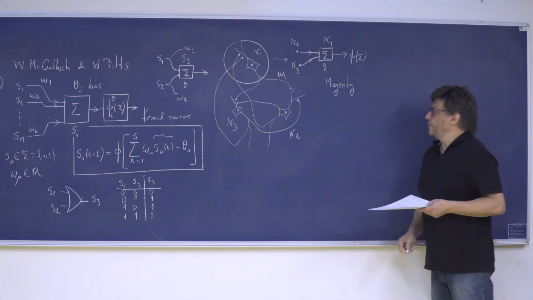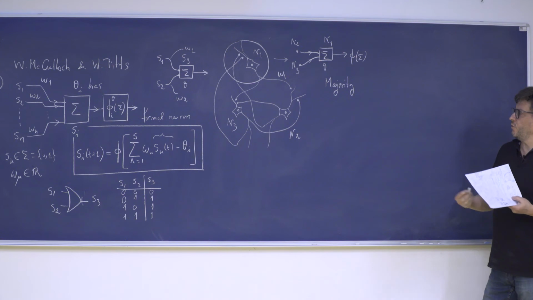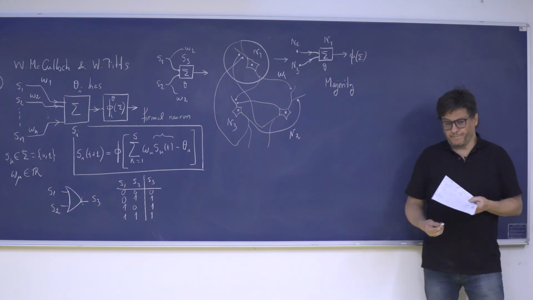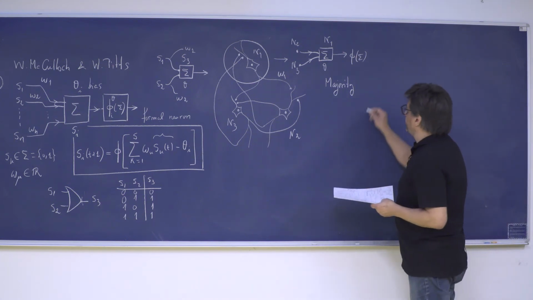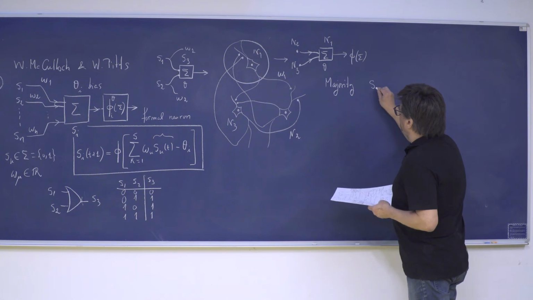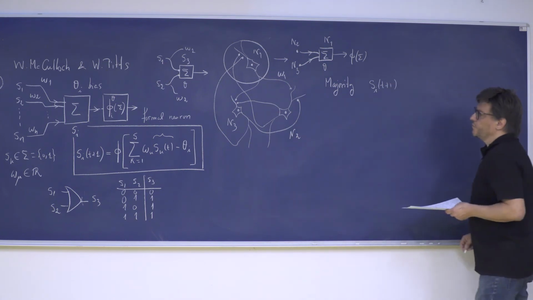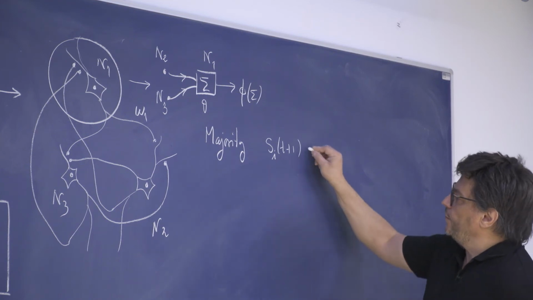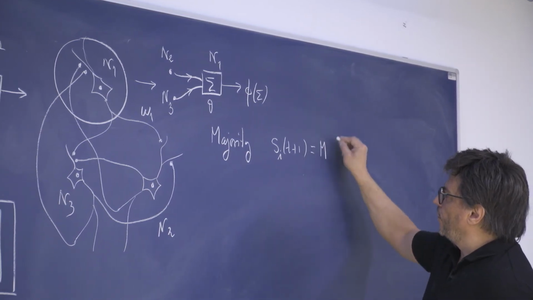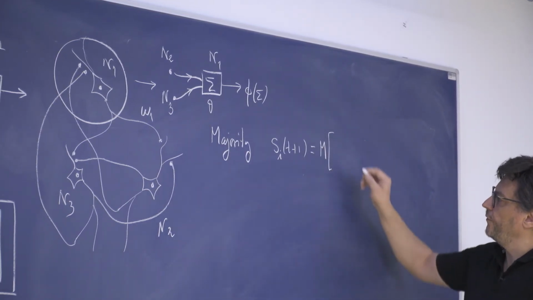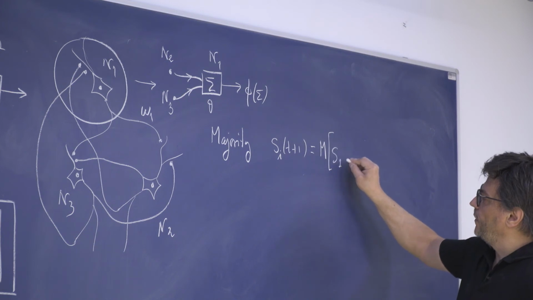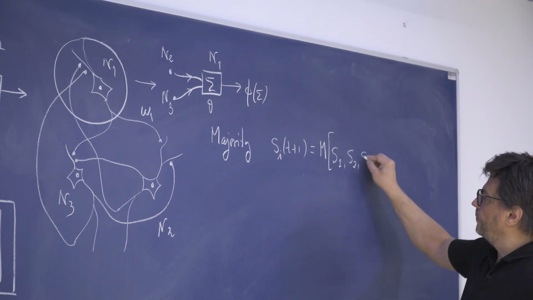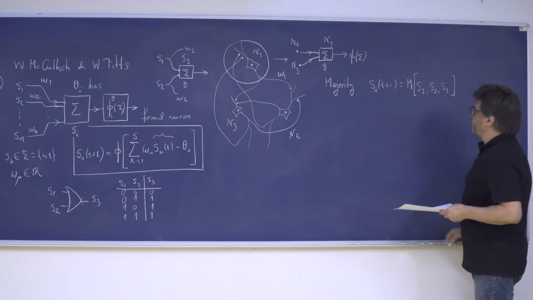The majority problem, sometimes called the majority rule, says that the dynamics of my system, in this case, S of any of these neurons, if the state, again, is a Boolean number, will be called the majority of S1, S2, S3, right?